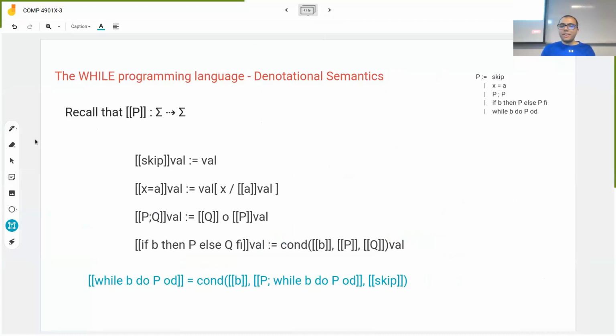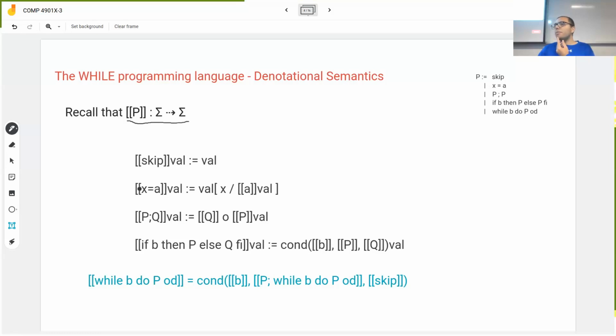So let's say that now I want to define denotational semantics for programs, not just for expressions inside programs, but for entire programs, for programs that actually have some operations. Okay, so let's do this. And remember that this is the type of the object that we want to define.